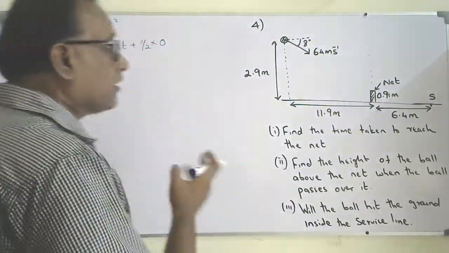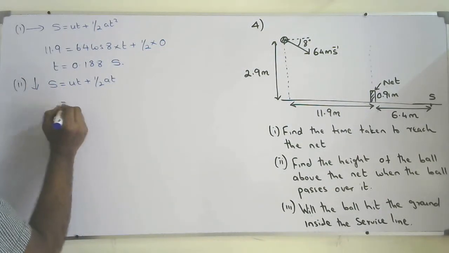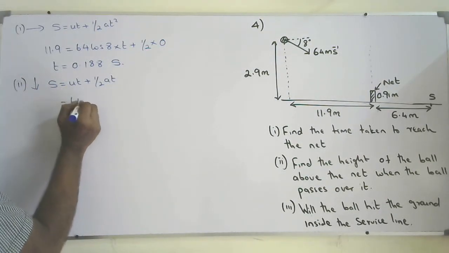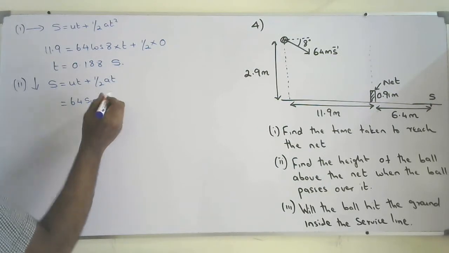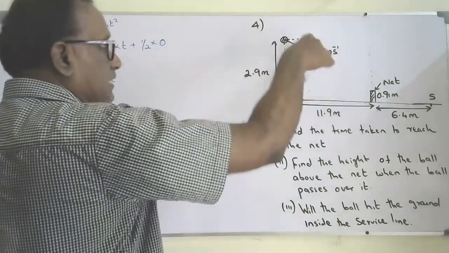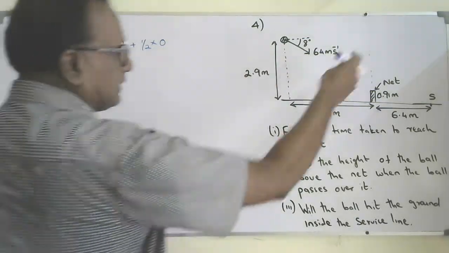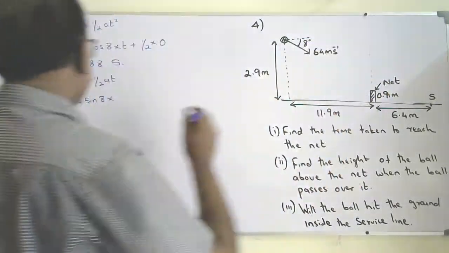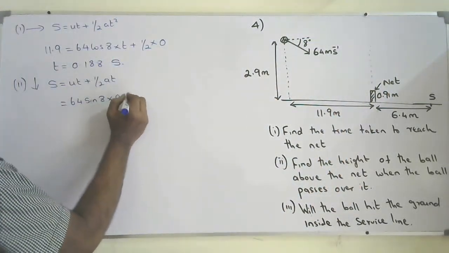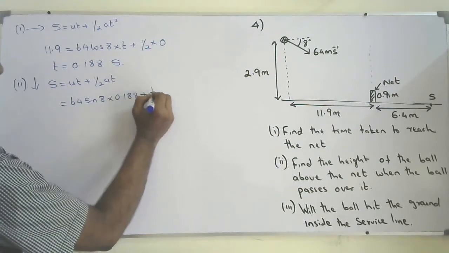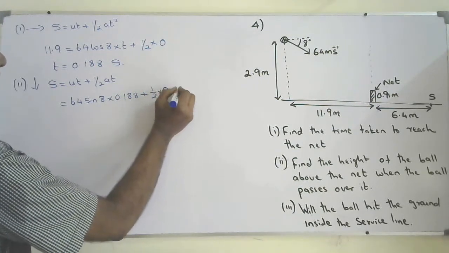We can't say. Right, so the vertical displacement will be downwards 64 sine 8, because if I resolve it vertically downward, 64 sine 8 into the time taken to reach the vertical line of the net, which is 0.188, plus half into 9.81.